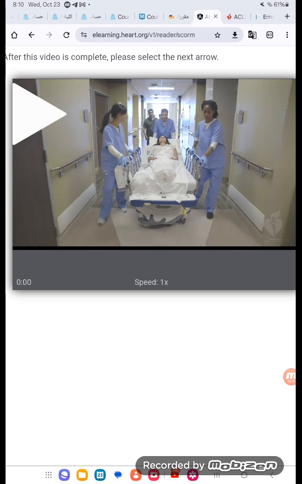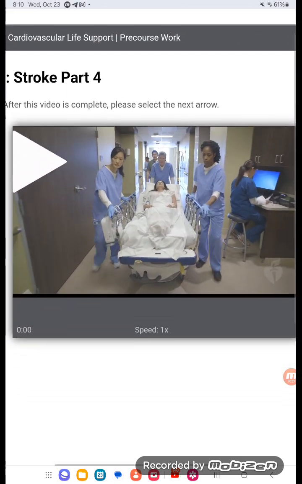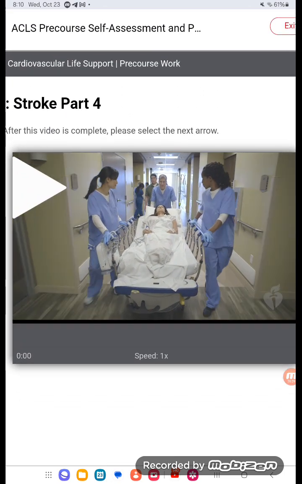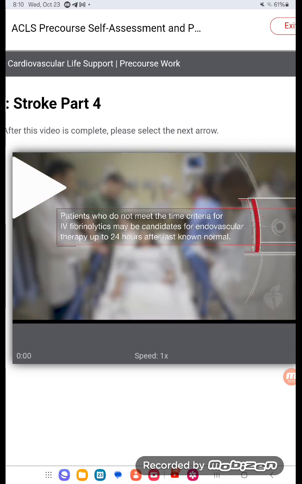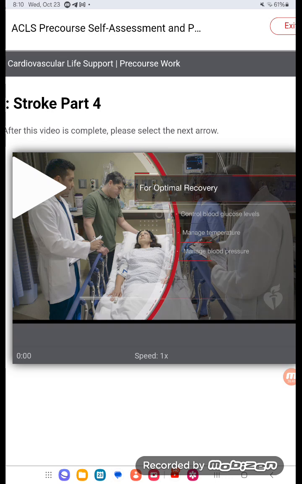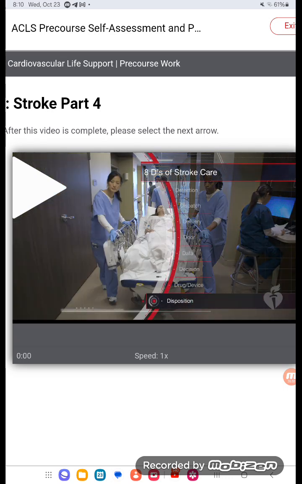After starting IV alteplase, the patient should be moved to the cath lab for endovascular therapy if they meet the criteria for large vessel occlusion. Patients who do not meet the time criteria for IV fibrinolytics may be candidates for endovascular therapy up to 24 hours after last known normal. For optimal recovery, hospital personnel must carefully control the patient's blood glucose levels, temperature, and blood pressure. The final D in the 8 Ds of stroke care is disposition.